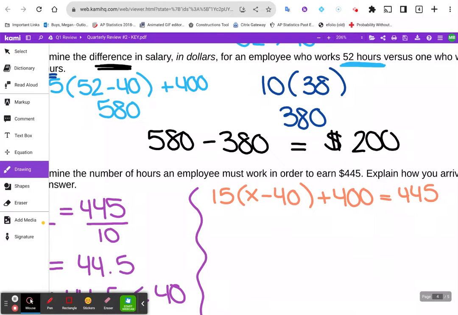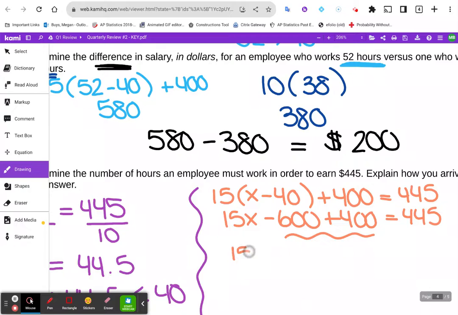So, it looks like we might be dealing with an overtime equation here. So I'm going to distribute my 15x. And when I do 15 times 40, it's going to make a negative 600 plus 400 equal to 445. I'm going to combine my like terms. 15x minus 200 equal to 445.